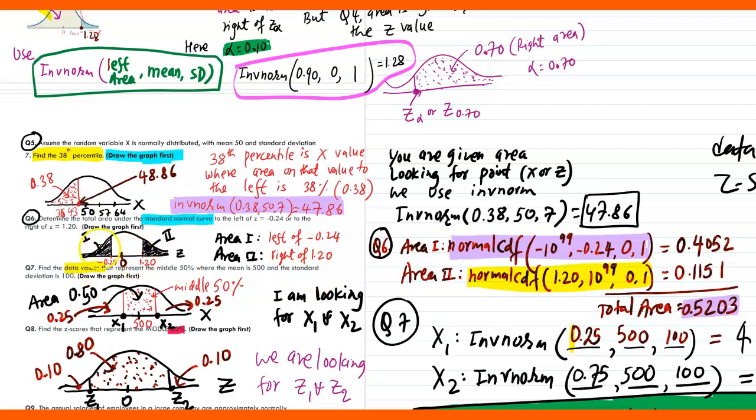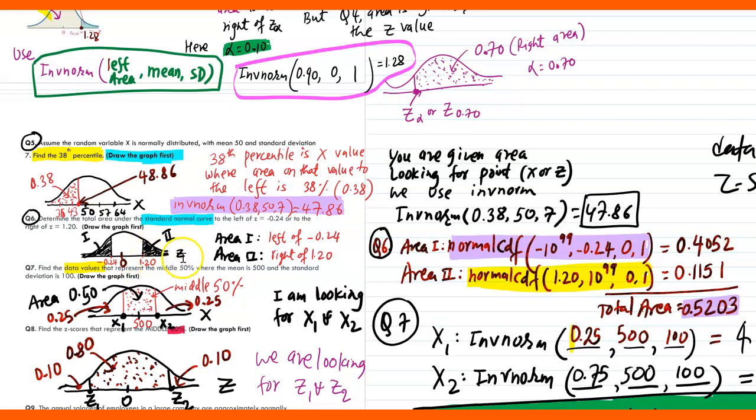Okay. And for the first area, area I, you use normal CDF, lower bound negative 10.99, upper bound negative 0.24, comma, mean, comma, standard deviation, and then you get 0.4052. For this area, area I equals 0.4052. That's the left area. For the second area, the right area, you use 1.20 as the lower bound, okay?